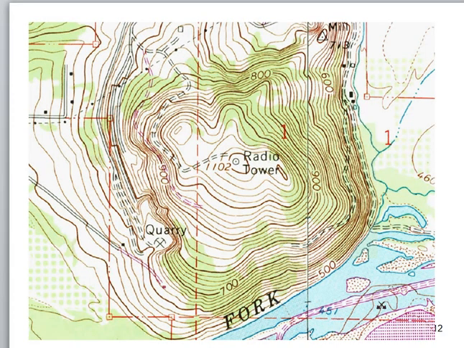Here is a small mound north of Springfield. You can see that there's a spot elevation here saying that the top of that little mound is 1,102 feet.